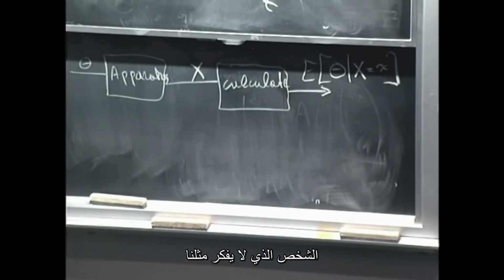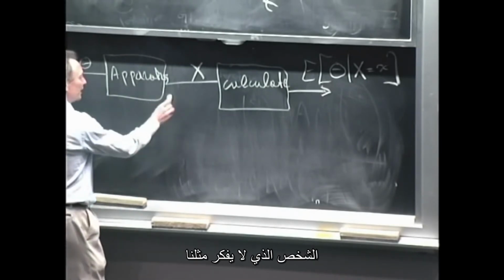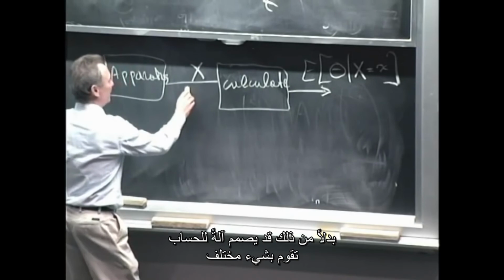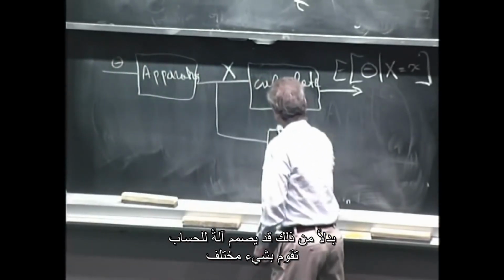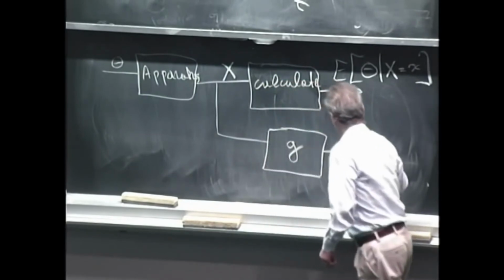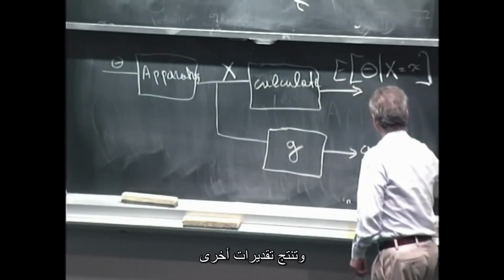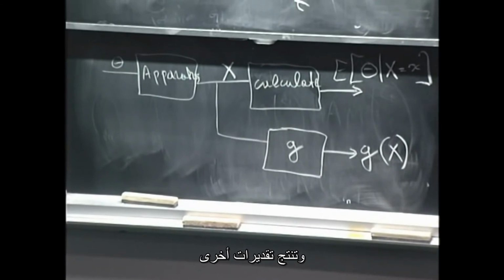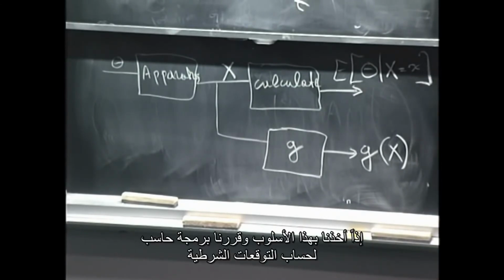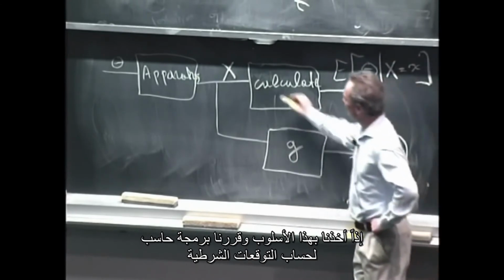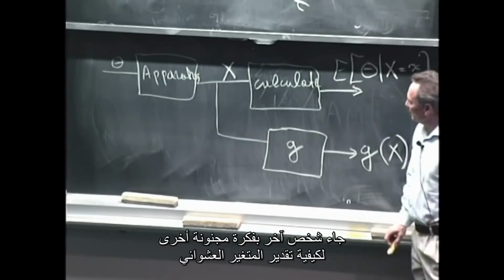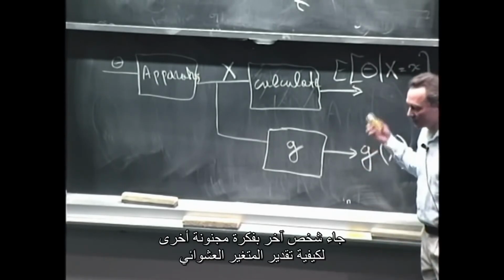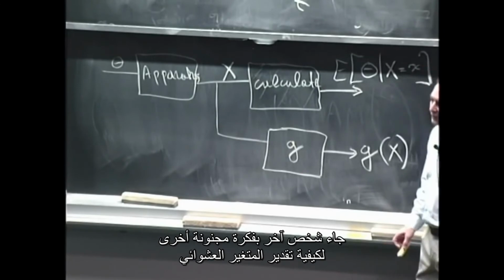Somebody who doesn't think like us might instead design a calculating machine that does something differently and produces some other estimate. So we went through this argument and we decided to program our computer to calculate conditional expectations. Somebody else came up with some other crazy idea for how to estimate the random variable.